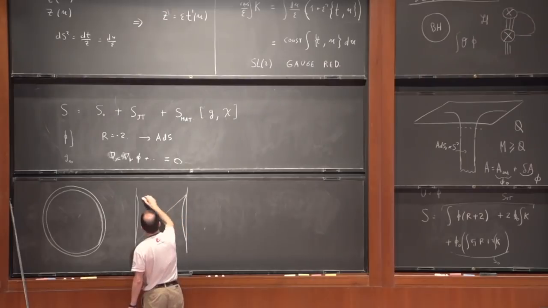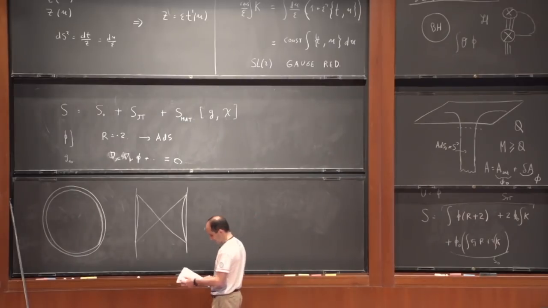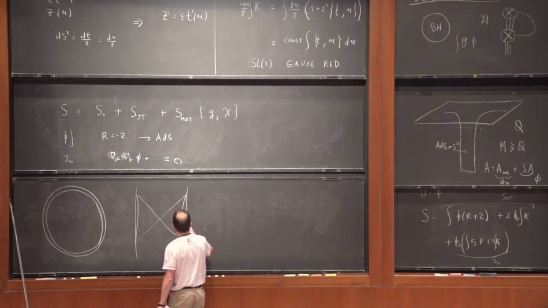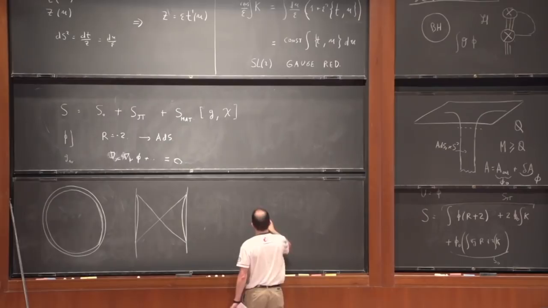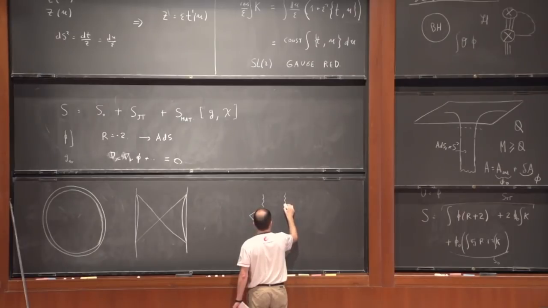This is the standard Lorentzian continuation, the thermofield double, my very favorite state. This should be compared to the Penrose diagram of a 4-dimensional Reissner-Nordstrom black hole, which has this form.